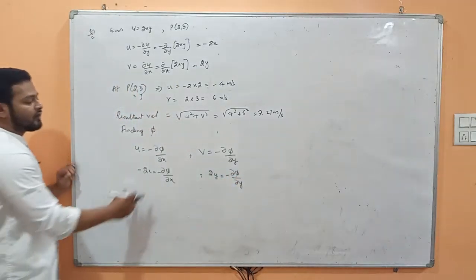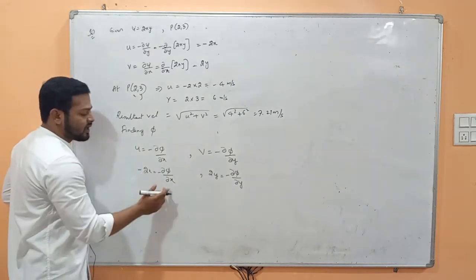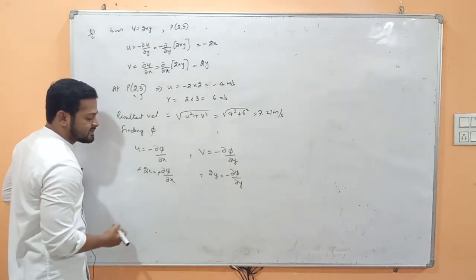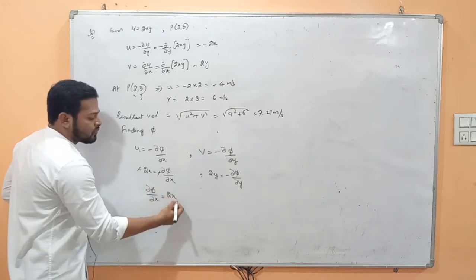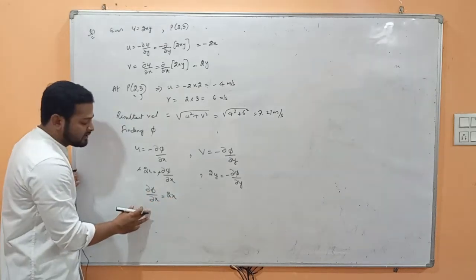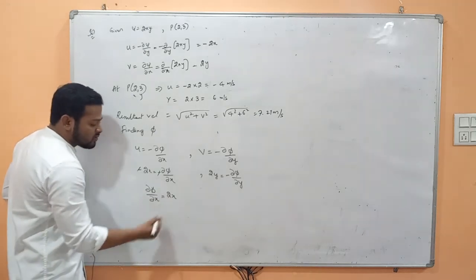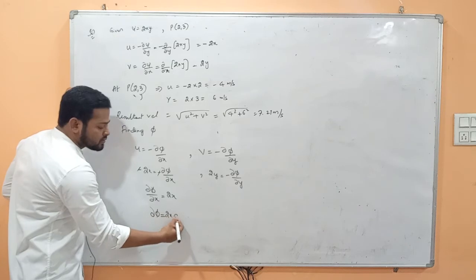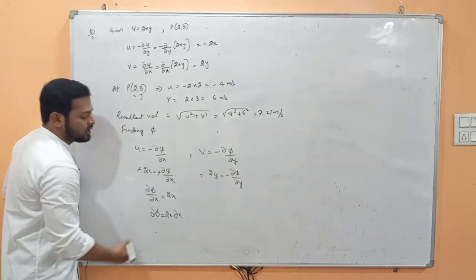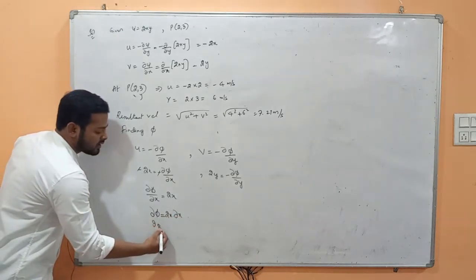Okay, so we have to find out phi from this. So we have to use this minus, and this minus gets cancelled. So we have dou phi by dou x is equals to 2x. Now we can apply variable separable method. So sending this dou x on the other side, dou phi is equals to 2x into dou x. Now integrating both sides.